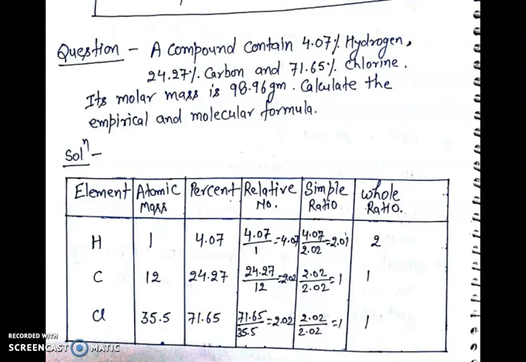To calculate the simple ratio of chlorine, it is equal to the relative number of chlorine divided by the smallest relative number. Here the relative number of chlorine is 2.02 divided by the smallest relative number, that is 2.02, and we get the simple ratio of chlorine, that is 1.